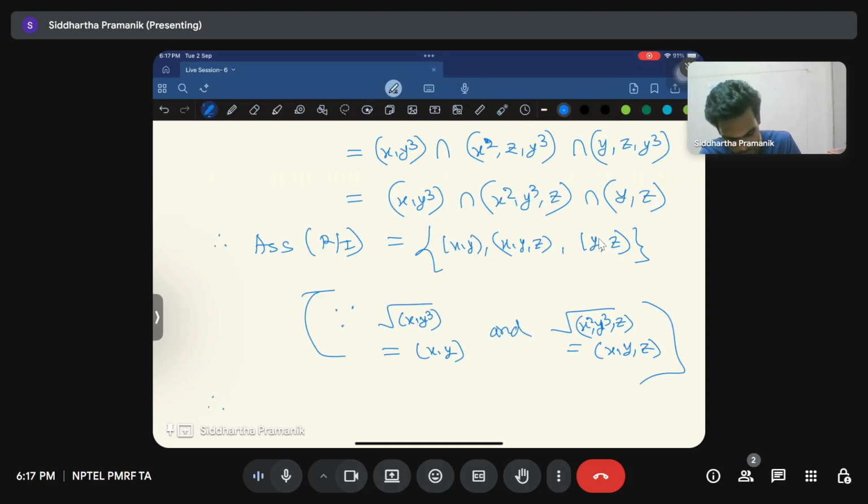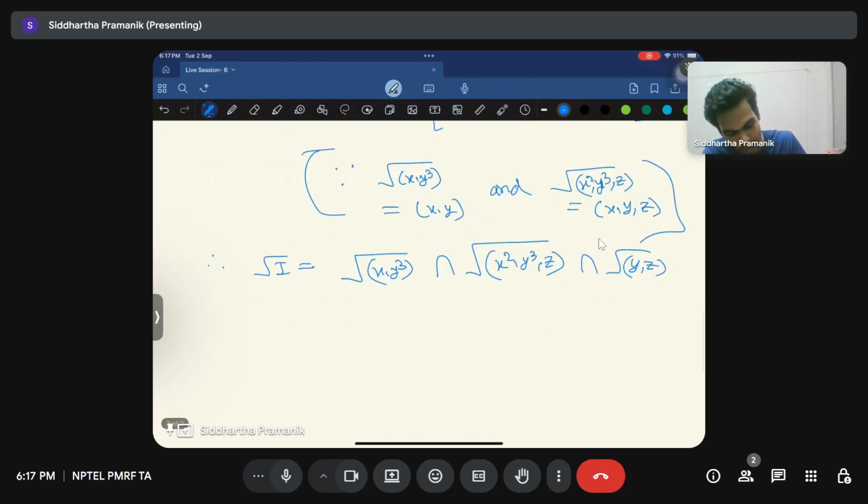So if we take radical of I, then it will be radical of (x, yq) intersection radical of (x square, yq, z) intersection radical of (y, z).